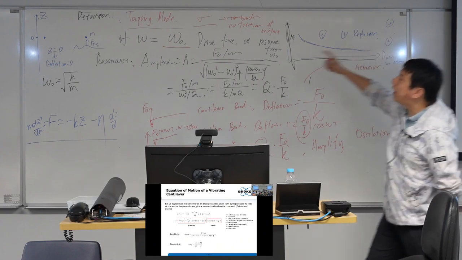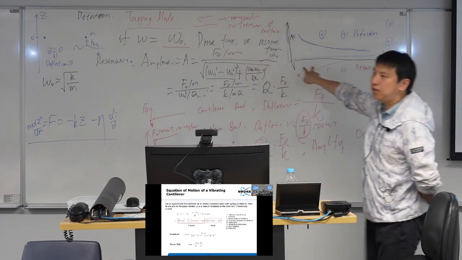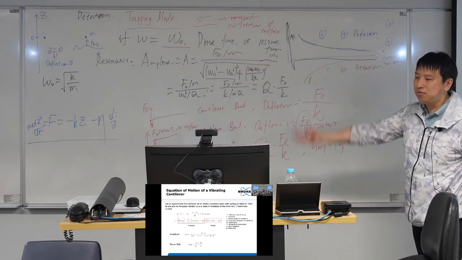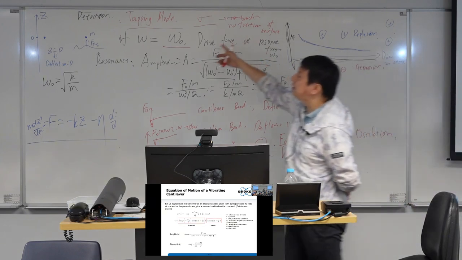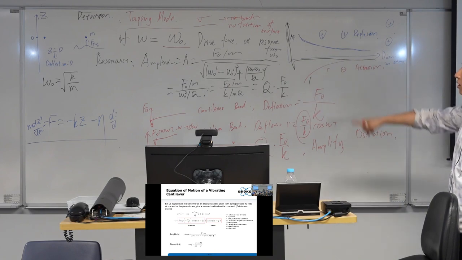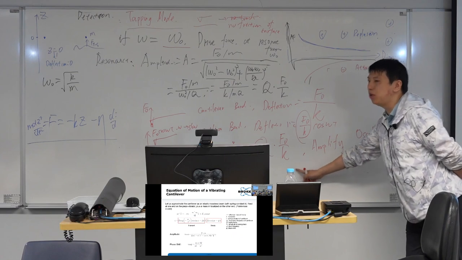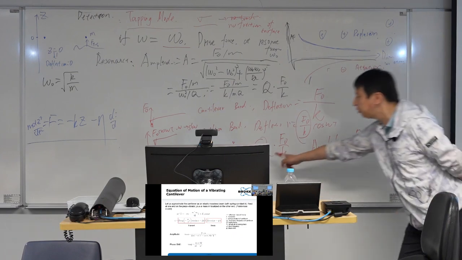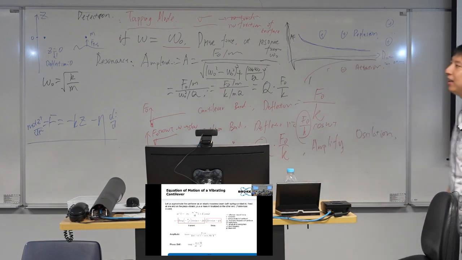If the drive frequency is the same as the resonance frequency of either a bridge or this cantilever, then it will resonate. The resonance means its amplitude will be amplified by Q times. That's the whole idea here.